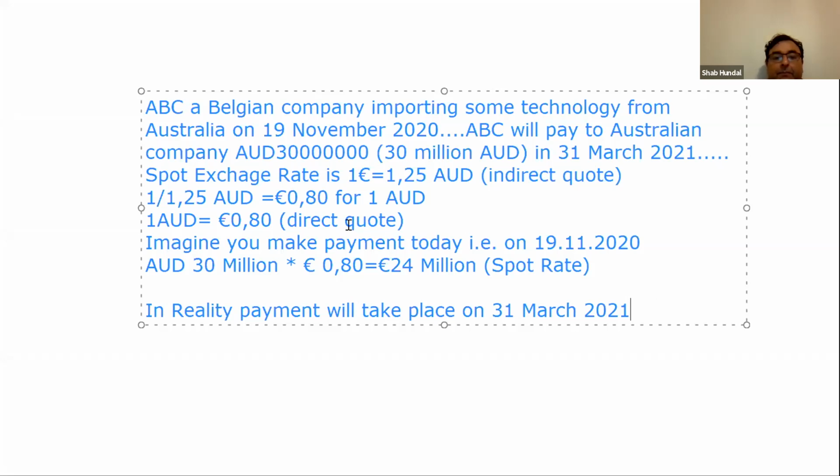If this becomes, for example, 0.90, you have to pay 3 million more euros because then it becomes 27. If it becomes 0.70, you pay 21 million and you save 3 million. So it's always a gamble, always a guess, always a kind of like a lotto. It can go in your favor, it can go against you.